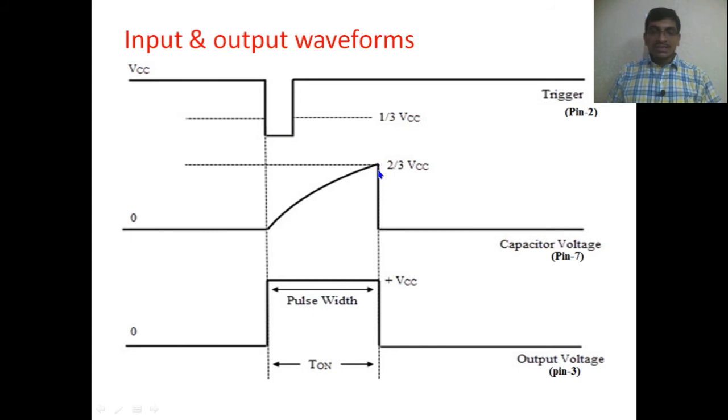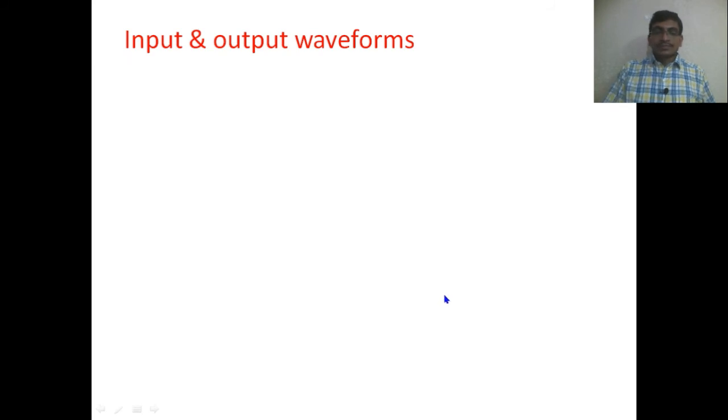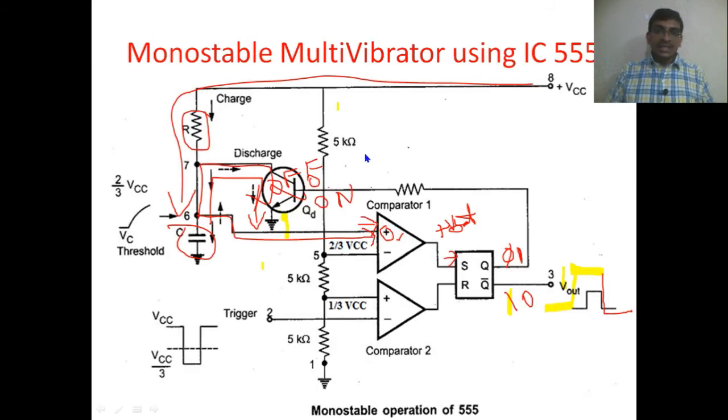Therefore, the capacitor will start discharging. This is the discharging curve. Here there is no resistor connected in the discharging path, so the entire voltage goes directly to 0. Now the output also switches from plus VCC to ground. This is the operation of the monostable multivibrator.